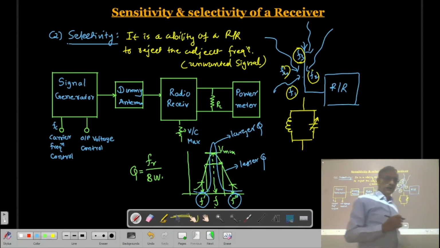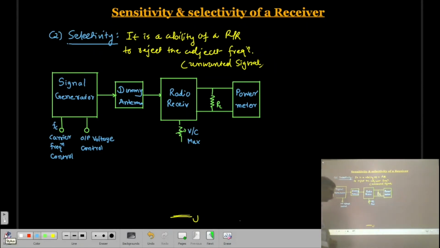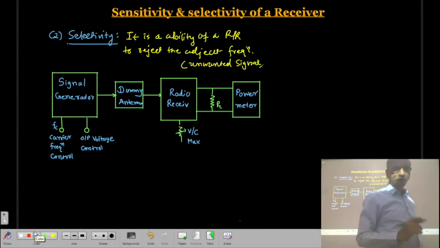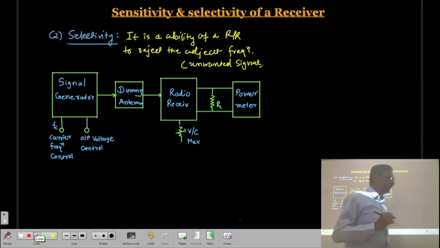Now let us see how we can measure the selectivity. The experimental setup for the sensitivity and the selectivity is the same, but the procedure is slightly different. What is the procedure?